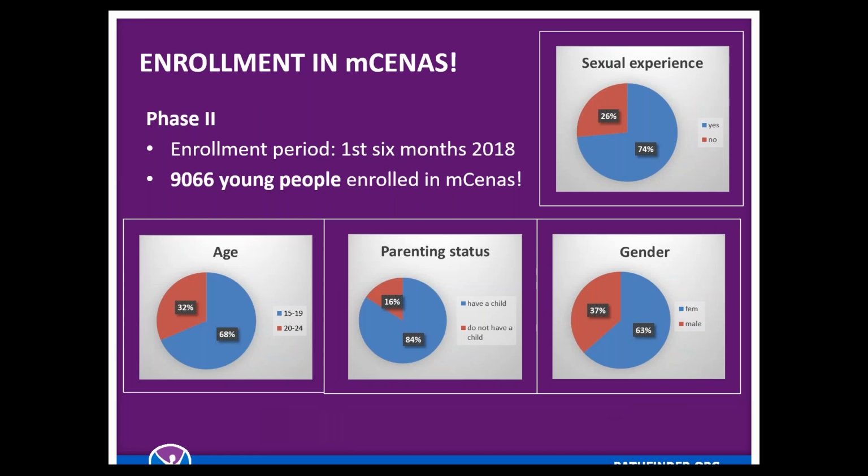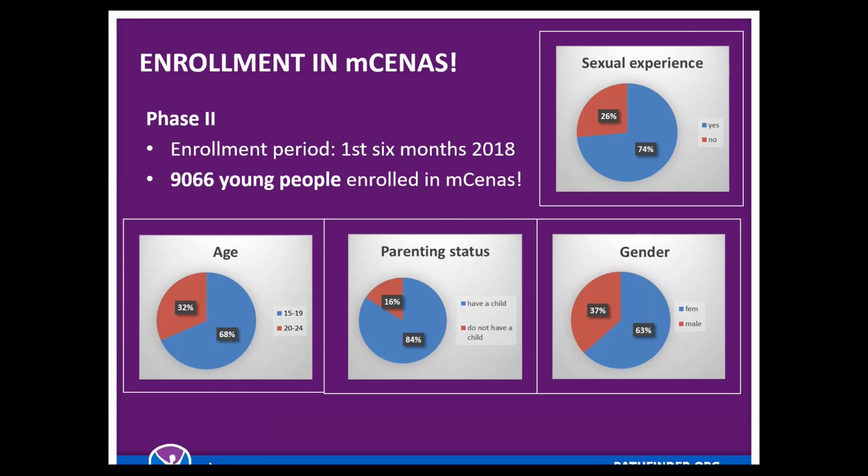In this phase 2, we have this data from our first 6 months. We can see that now we have more young people from 15 to 19, and the parenting status has changed.